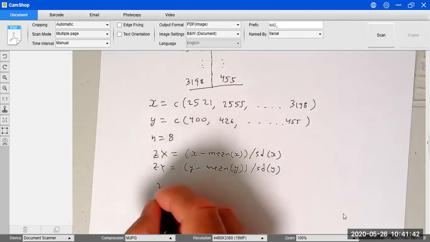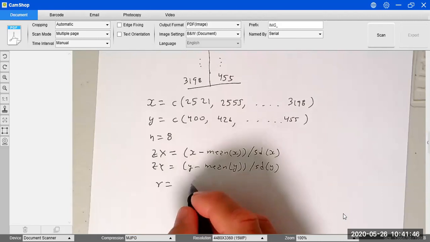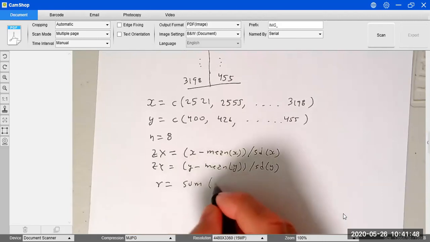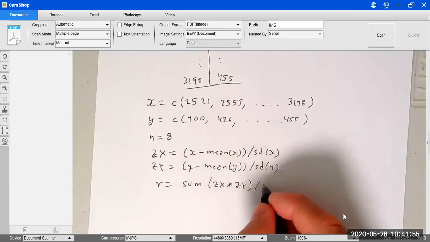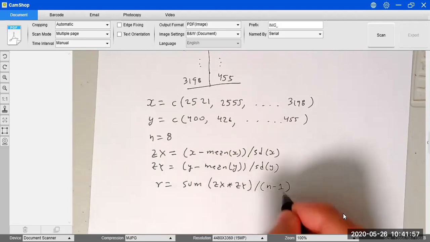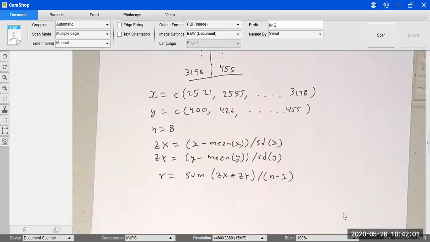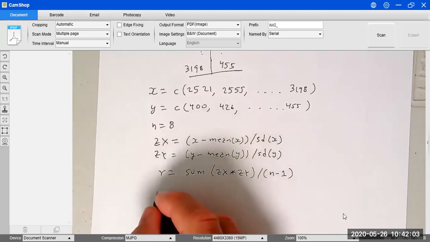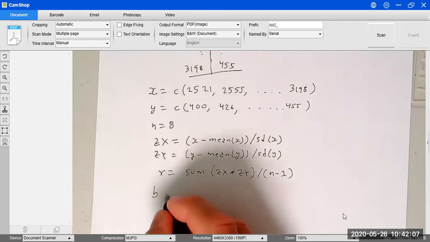Then we're going to compute R. I'm going to give the name R to the sum of the products of the z-scores of x and y divided by n minus 1. I'm using a variable named R because I'm going to use it to compute the slope and the y-intercept.